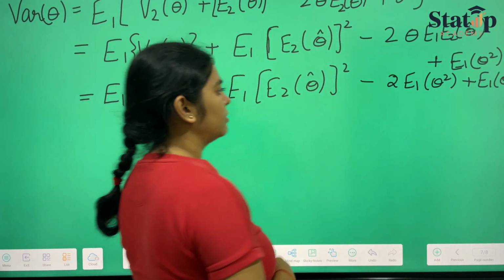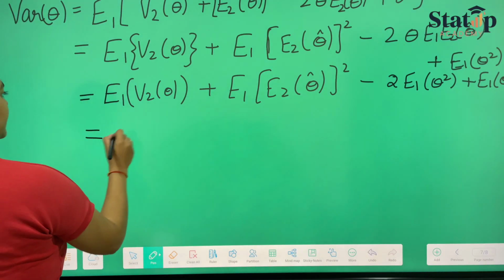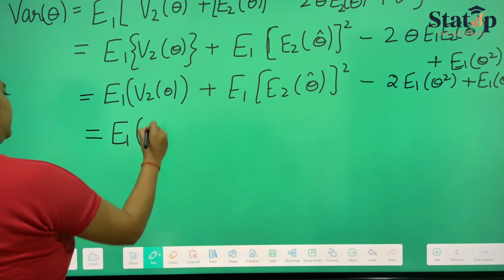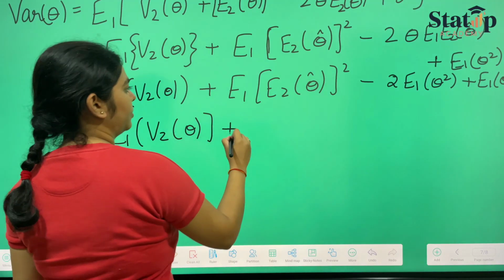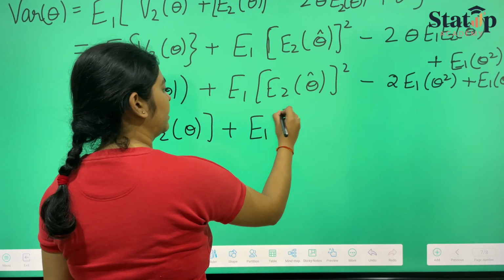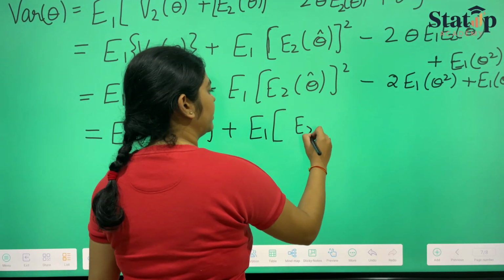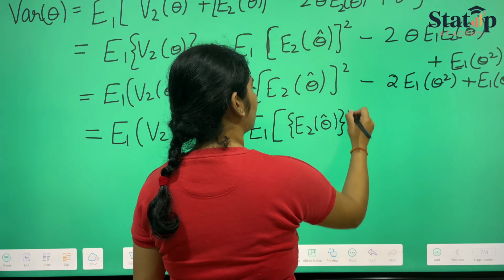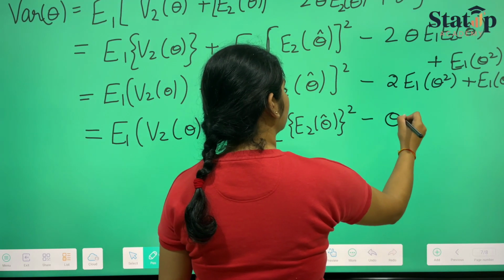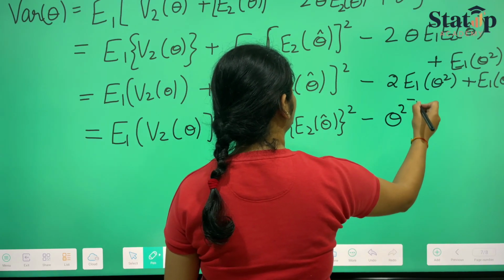This will be minus E1 theta square, so we can write it as E1 V2 theta cap plus E1, taking E1 common, we are left with E2 theta cap whole square minus theta square.